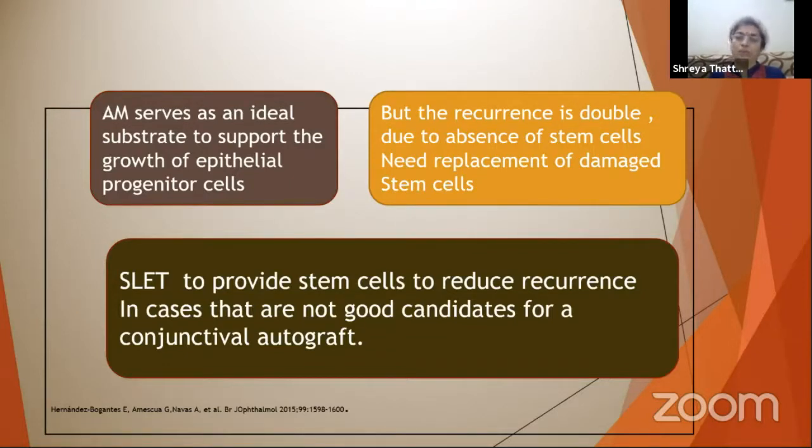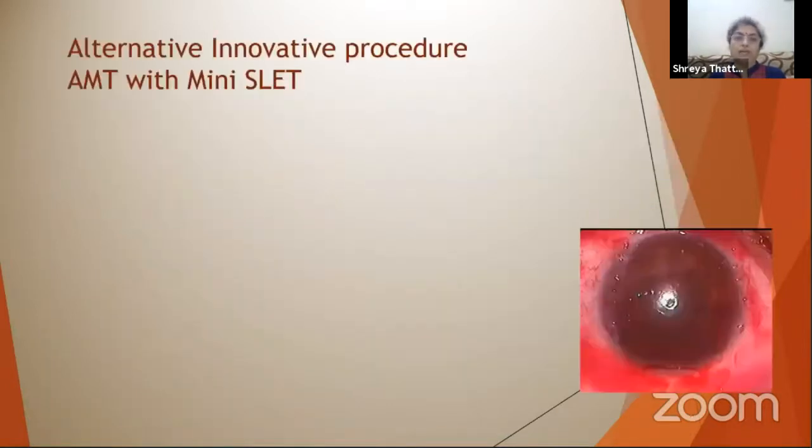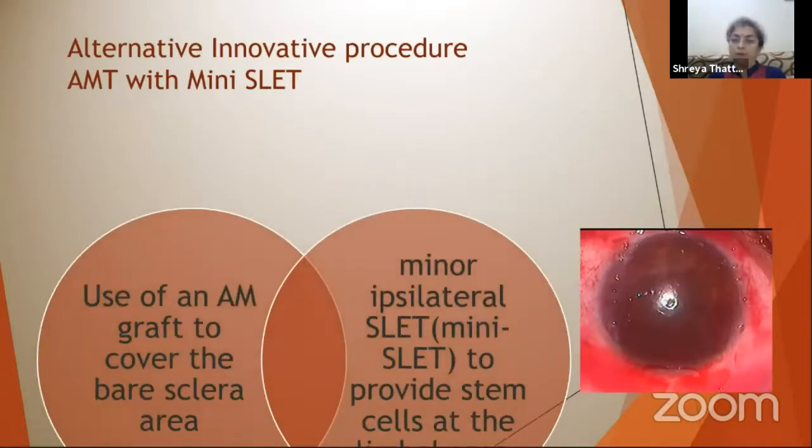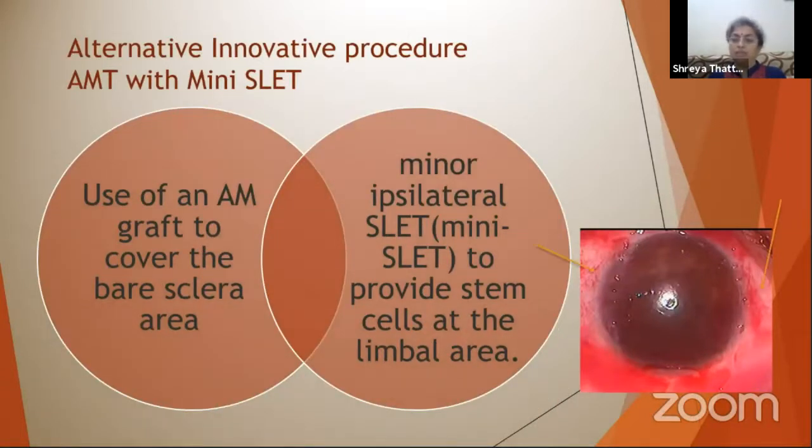So we need to replace these damaged stem cells. So you can utilize the concept of SLET to provide the stem cells in this situation. How? Let us see. As this was a double pterygium, we can put amniotic membrane after the excision, and then we can put the stem cell lenticules as we do in the SLET case.